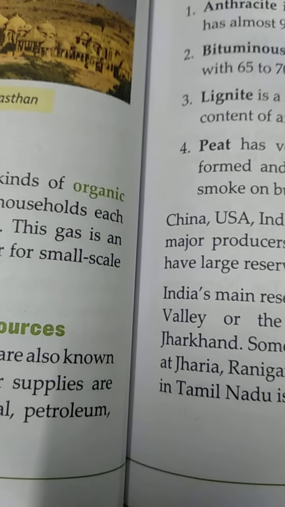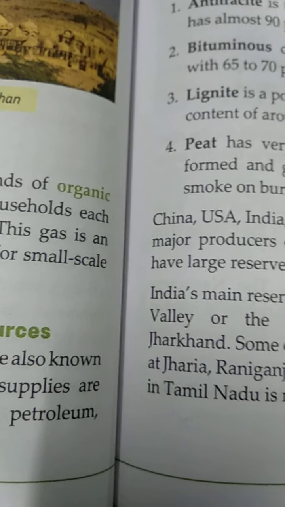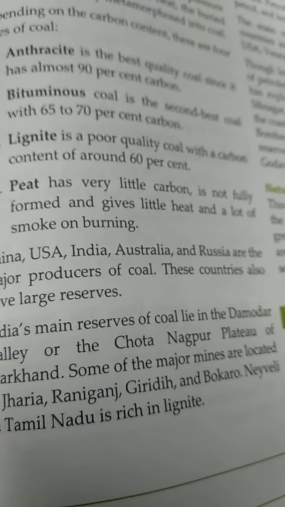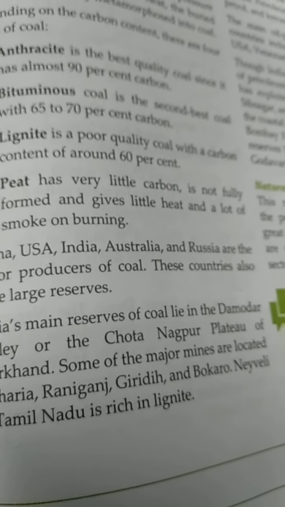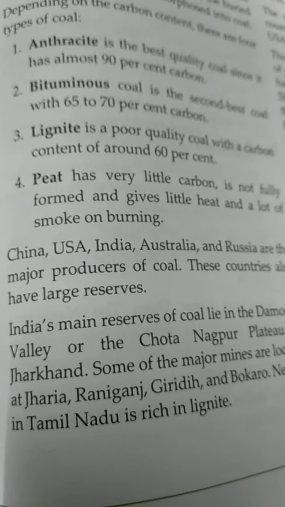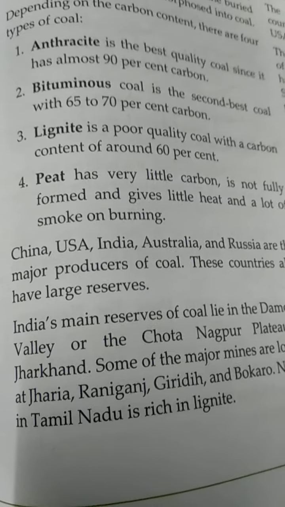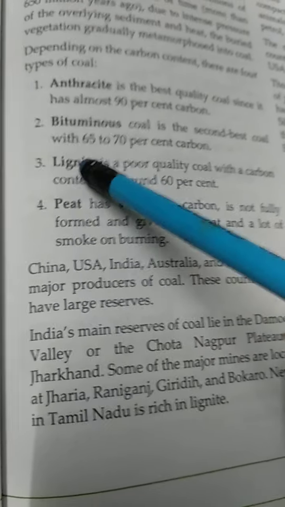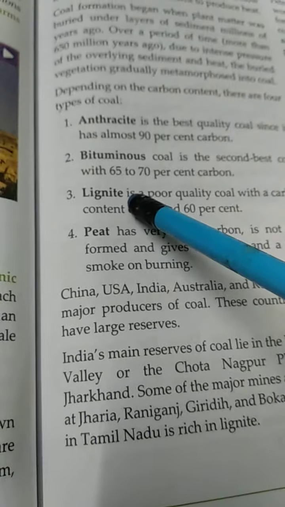In India, coal reservoirs are found in the Damodar Valley or Chota Nagpur Plateau in Jharkhand. Some of the major mines are located in Jharia, Raniganj, Giridih, Bokaro, and Neyveli, and Tamil Nadu is rich in lignite, which is found in abundance.